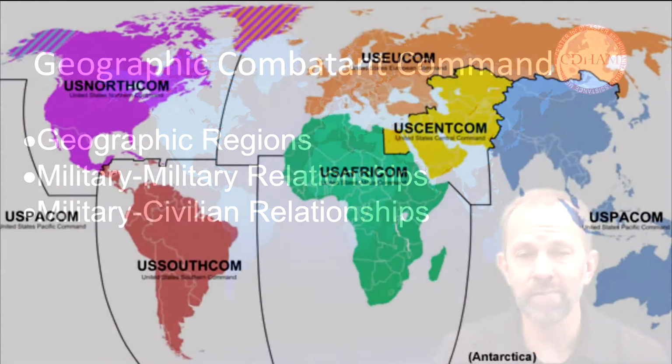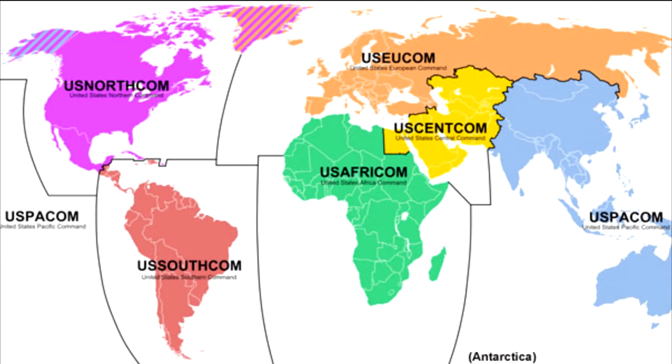Now, if we flip to the next slide real quick, that is the division across the world for the different commands and the area of responsibility that they have. Again, that COCOM is responsible for relationships within that region, but also for the contact that occurs in that region, and if there are operations ongoing in that region, they are the authority and responsibility for those operations.